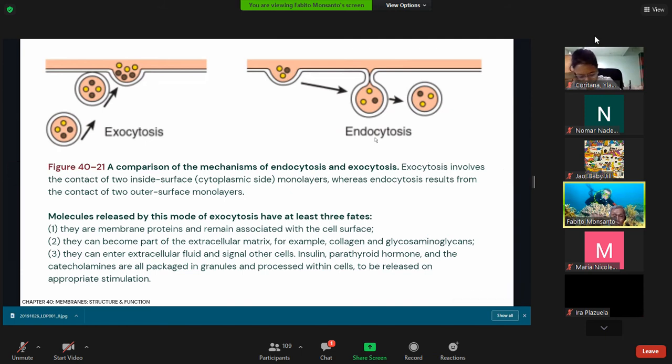And of course, the opposite, the materials from the outside getting inside will be utilized. This could be glucose, this could be amino acids, short peptides. Okay.